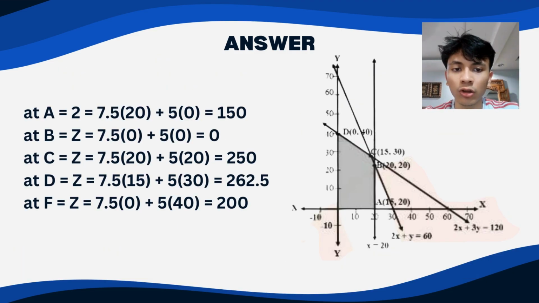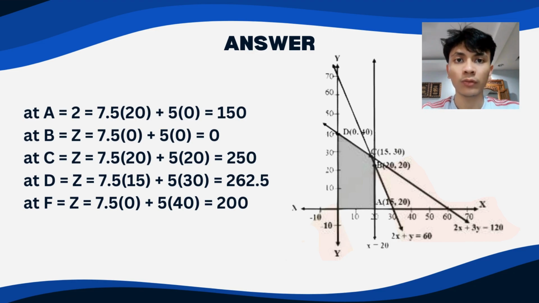Next, I'm going to explain question 3 through the formulated equation, which is the answer. At A, we have Z equal to 7.5 times 20 plus 5 times 0 equal to 150. At B, we have Z equal to 7.5 times 0 plus 5 times 0 equal to 0. At C, we have Z equal to 7.5 times 20 plus 5 times 20 equal to 250.